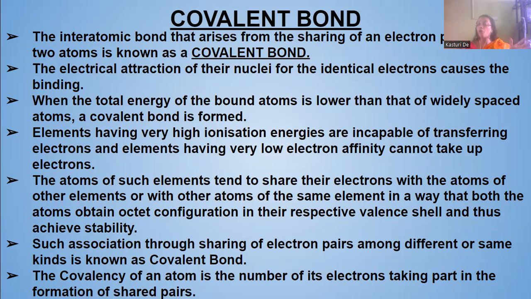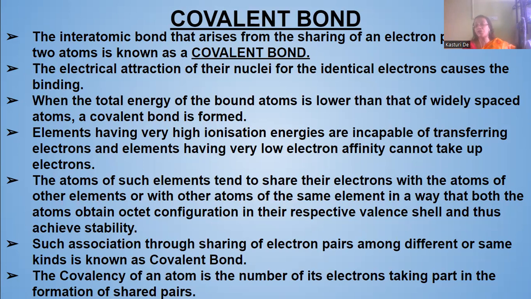In the case of this covalent bond, they share their electrons with other atoms of the same element or of the other element to attain stability. Such association through sharing of electron pairs among different and the same kinds of atoms is known as the covalent bond. Clear?